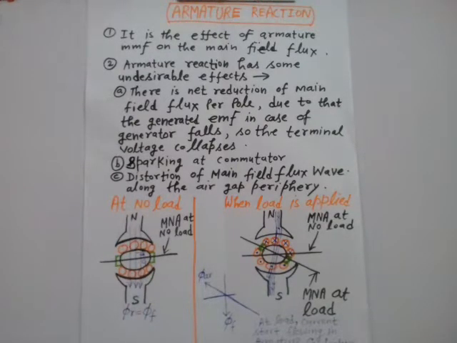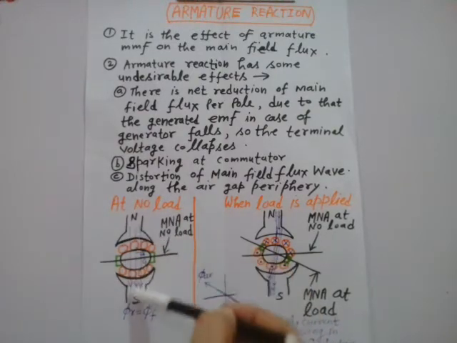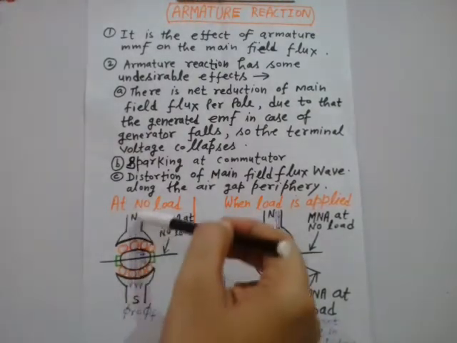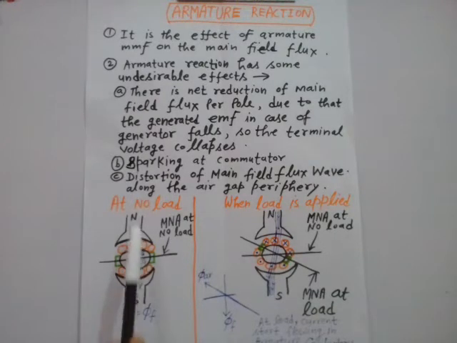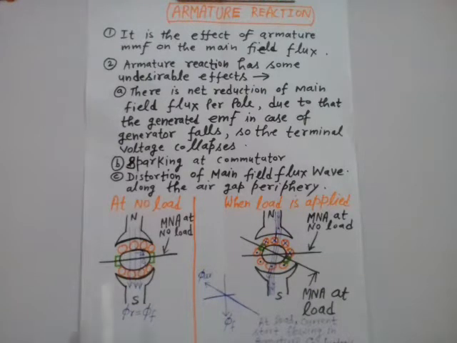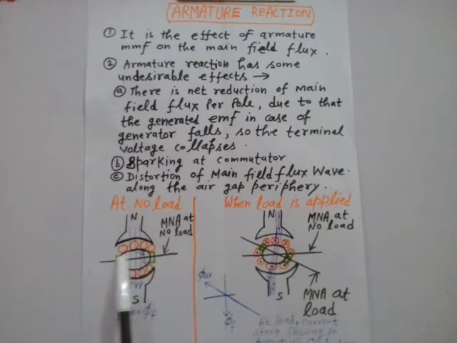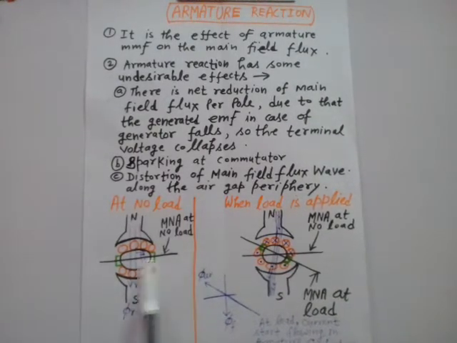As you are watching, these straight vertical lines from north to south represent the main field flux of the machine in the no load condition, when no load is applied. In this case the position of the magnetically neutral axis will be exactly horizontal, like this.